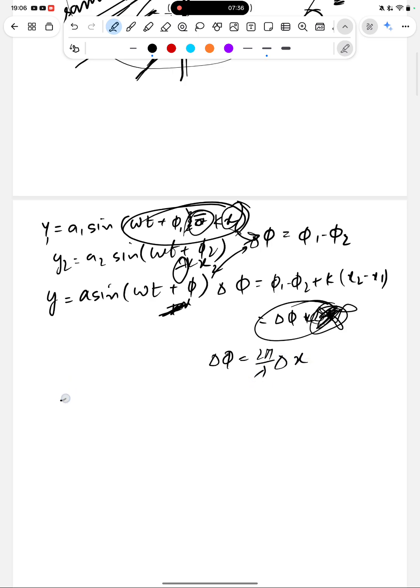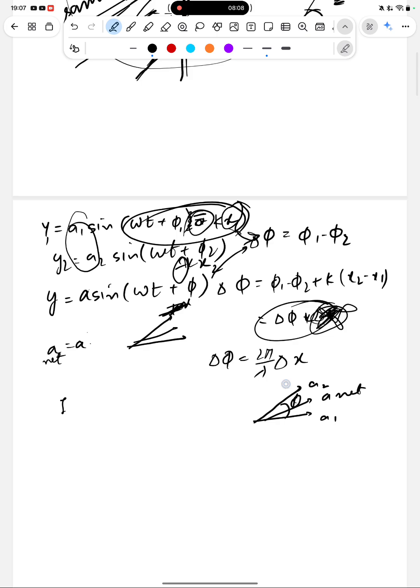Then A net, you can write A1 and A2 in this manner, right? So A net will be equal to the vector sum of A1 and A2, and this is the angle.